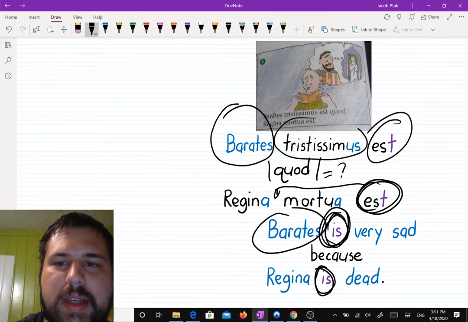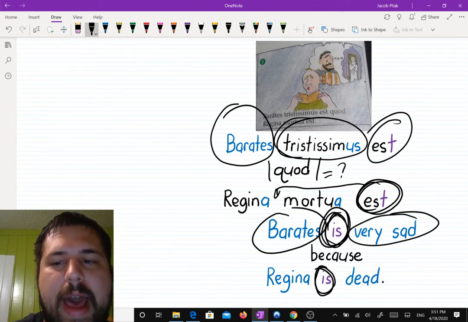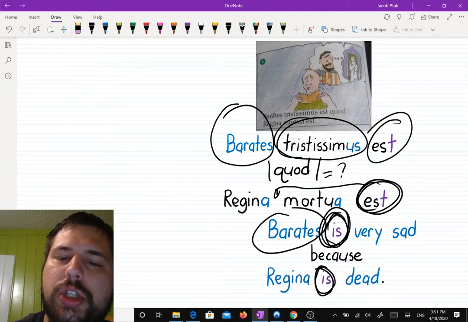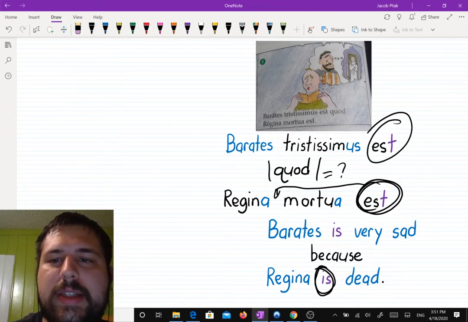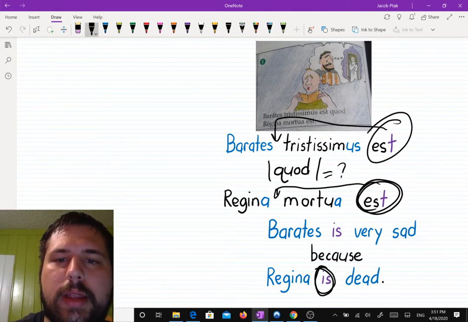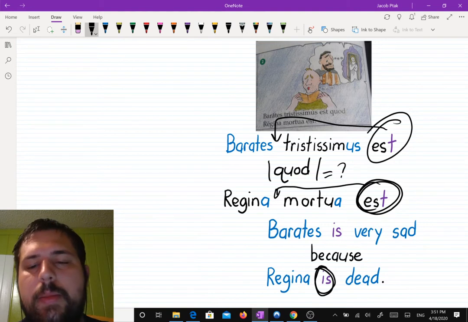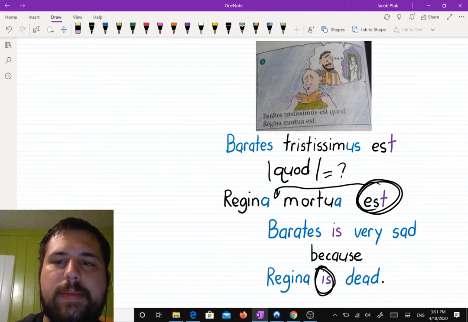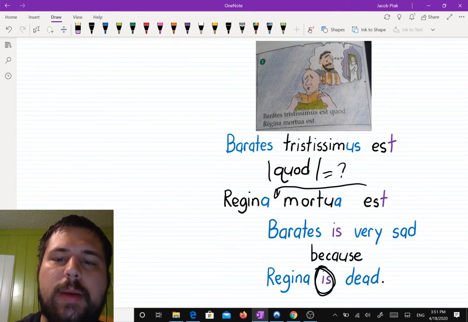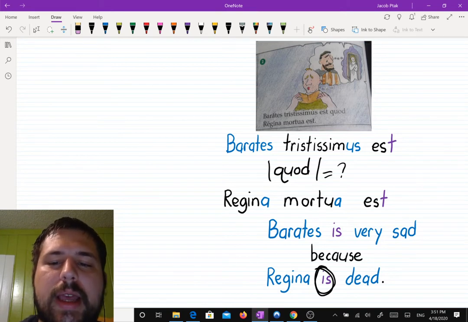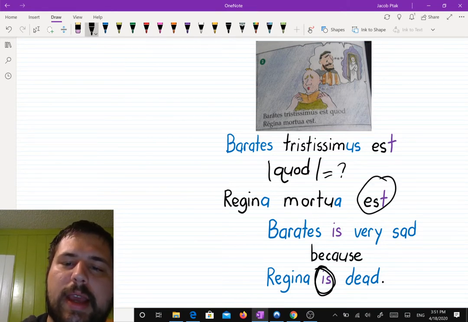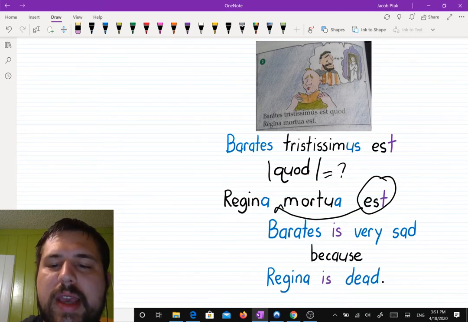And then tristissimus is the word for very sad. So you have to change the order a little bit with est. You kind of put it right there. Barates tristissimus est. Barates is very sad. But Regina mortua est, because Regina is dead. Est again goes sort of in the middle because in English that's how we say it. Let's move on.